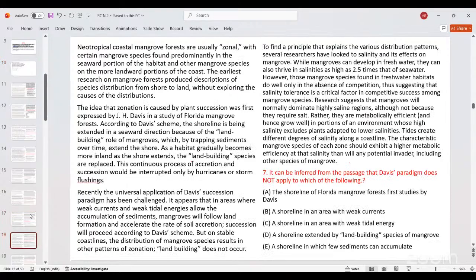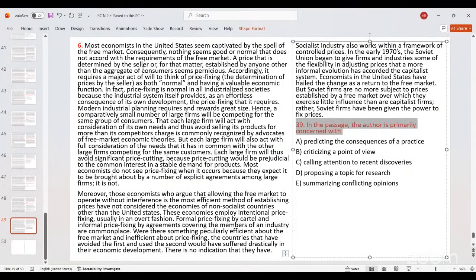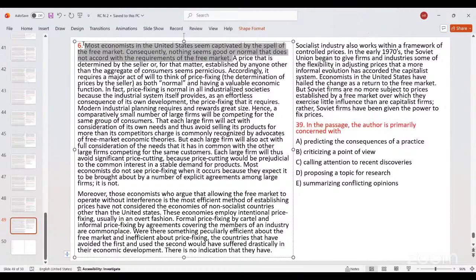For example, author's primary concern. All right. So the primary concern is in the first para, and you can go through the last para, but mainly the first para. For example, most economists in the United States are captivated by the spell of the free market.